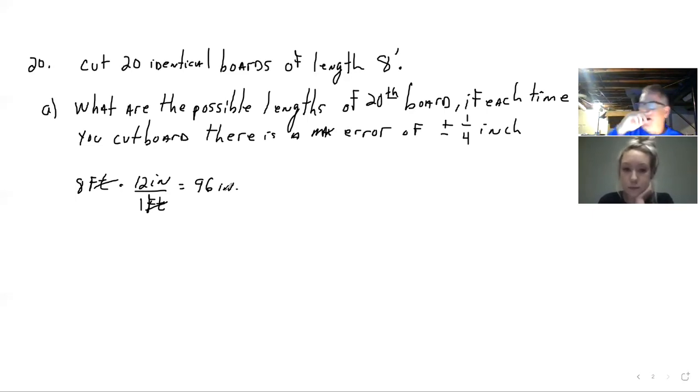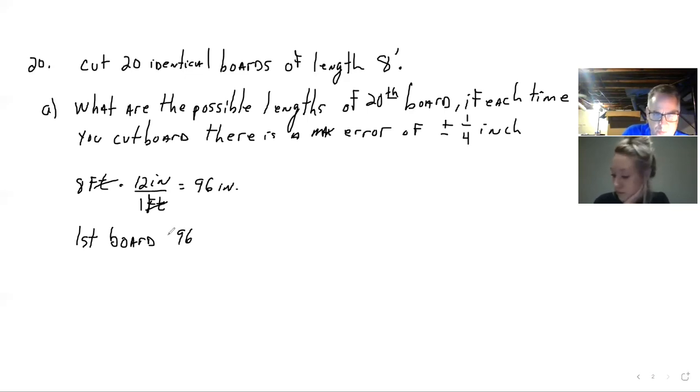So each time I cut, I'm just going to assume I'm at that max 1/4 of an inch too short. The first board would be 96 minus 1/4 of an inch. This is actually when I measured myself.